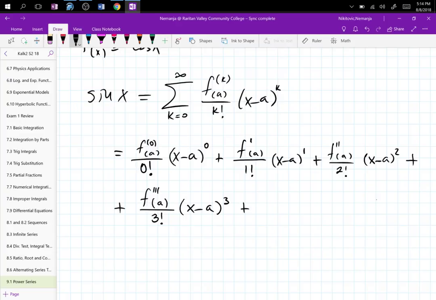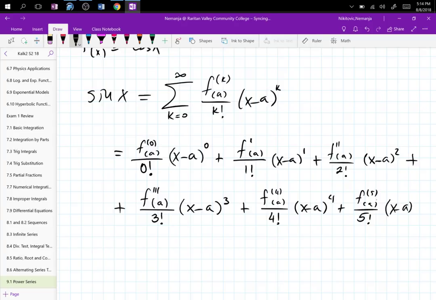Plus the fourth derivative computed at a divided by 4 factorial times x minus a to the fourth, plus the fifth derivative computed at a divided by 5 factorial, and then x minus a to the fifth, plus dot dot dot, going forever. Now I stopped at 5 because that's how many derivatives I computed.